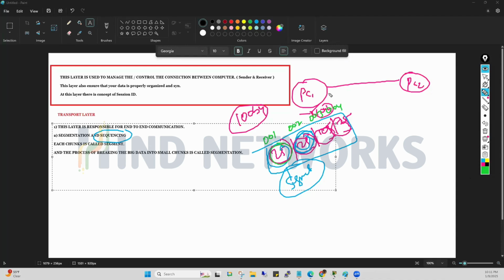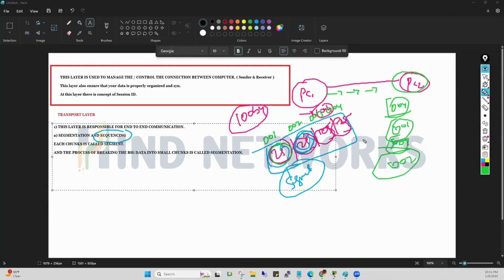Because when PC number 1 is sending these small segments over the link, it is not guaranteed that PC number 2 will receive all the packets in the correct order. Maybe PC number 2 will receive 004 first, then 001, then 003, and then 002.